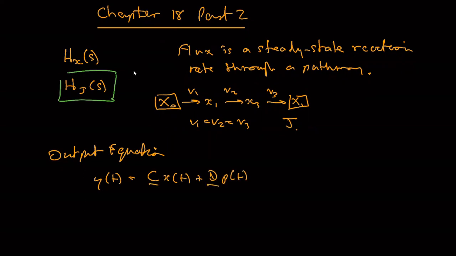Now we can do exactly the same thing as we did before. We need an equation that gives us the flux. So I'm going to call the flux J, and I know that the flux is some function of either v1, v2, or v3. So I'll just call it v. It's some function of the state variables x and any inputs that happen to be affecting v. So v here can be v1, v2, or v3.